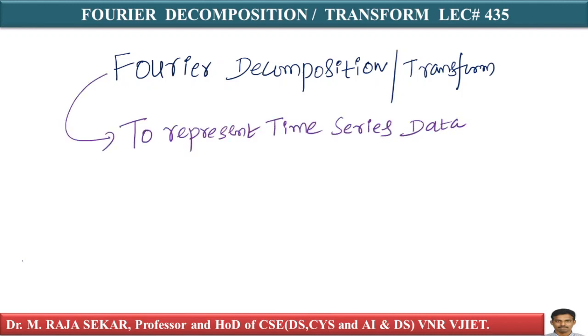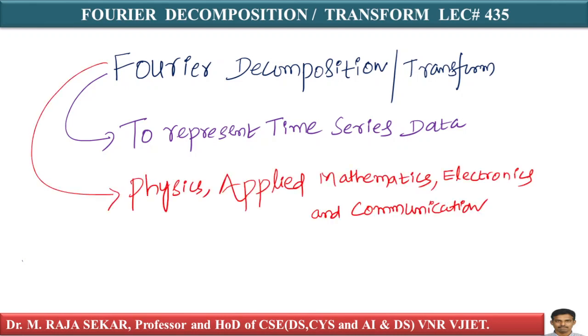The idea has been studied extensively in physics, in applied mathematics, and also in electronics and communication engineering. This is a very powerful mathematical concept that is extensively used and studied in the whole of data science, even in computer science.